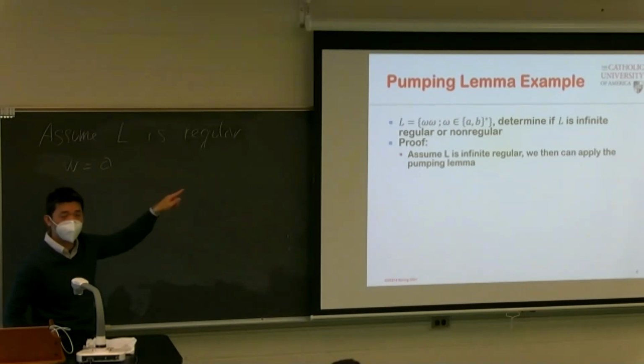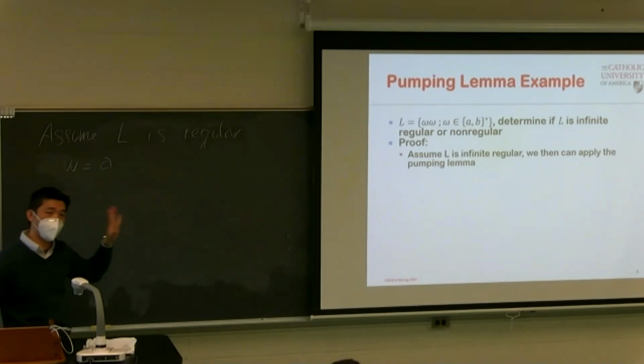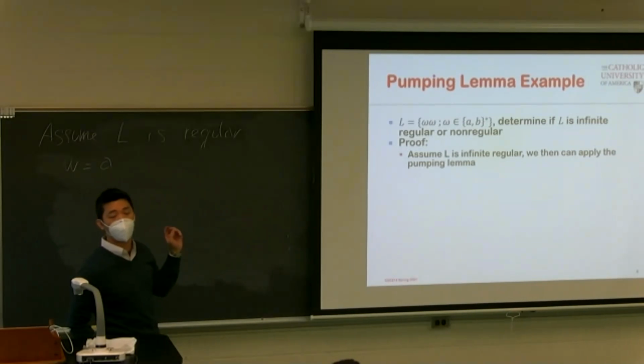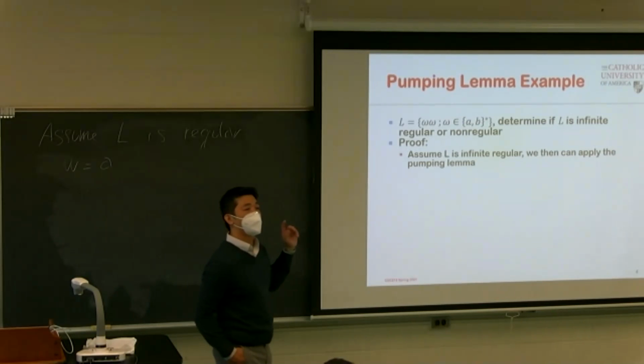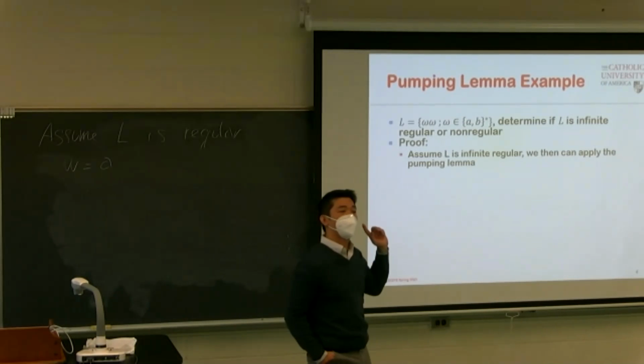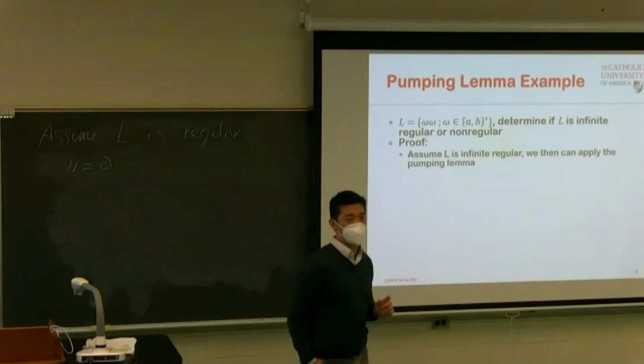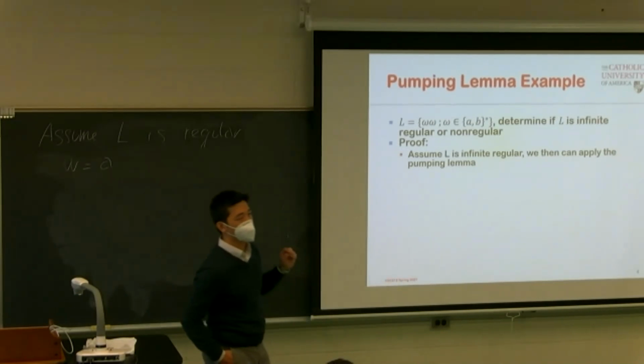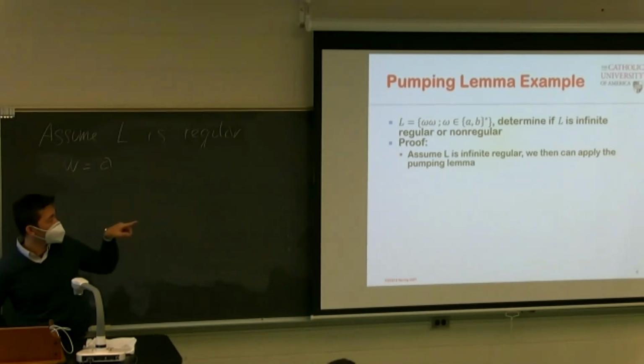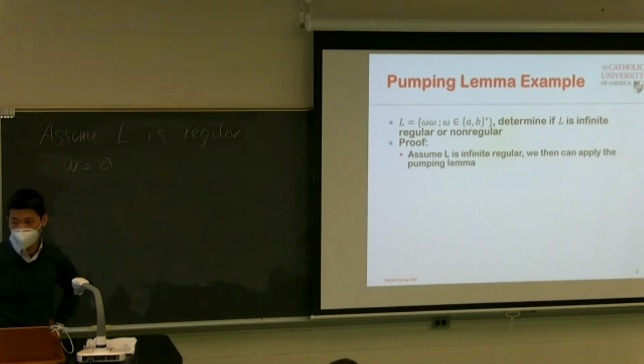Okay? And the condition here is that when we're using the pumping lemma or Pigeonhole Principle, we have to know that the language is infinite regular, not just finite regular languages. So if that's the case, then we can use the pumping lemma.